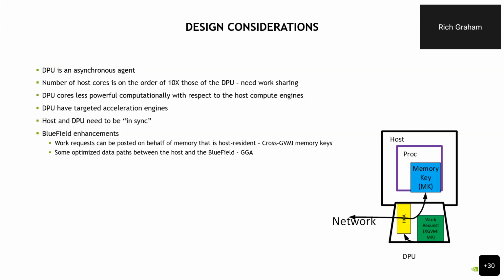They're intended to support more orchestration type things, although they can be used and are being used for other things too, because they do have compute capability, but they're not your strong server cores. So you need to take that into account too when you're designing your algorithms. So you also have some targeted acceleration engines. The ones that are in there today are targeted more at security and storage, so I'm not going to talk about them in the context of collectives.